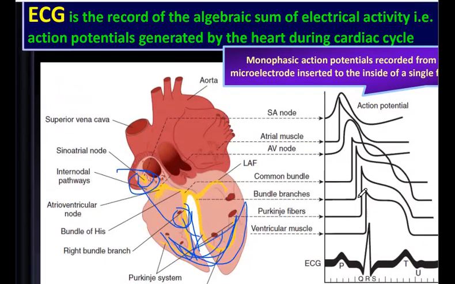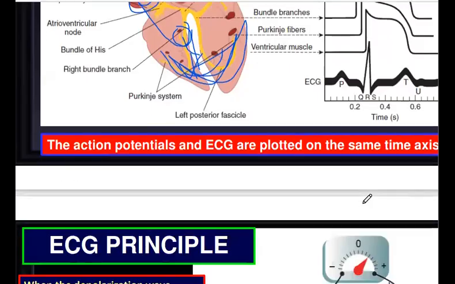All of this is recorded as waves. The electricity generated by the heart is conducted by a machine and graphically presented on paper. That is ECG. This is the machine, and the machine gives the waves. This is one wave, this is one wave. If we look at every wave, we have different waves here.